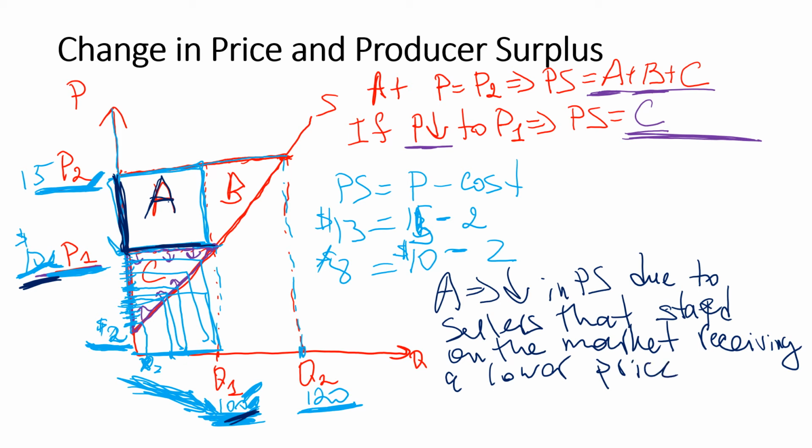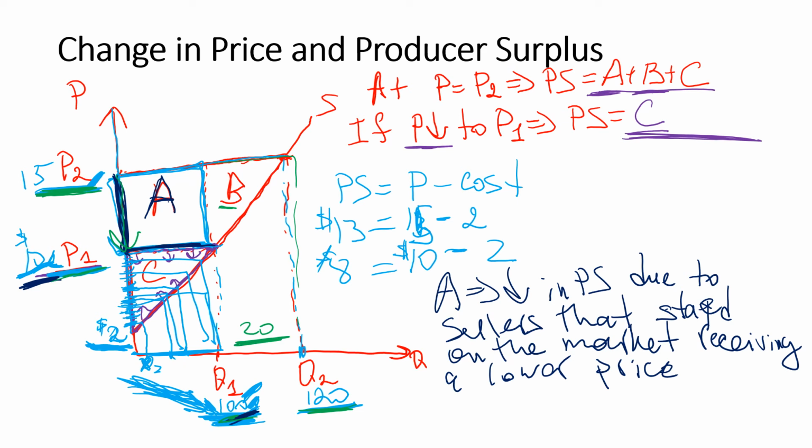And the last thing we need to discuss, why did we lose area B? Just think about, again, when the price of the product initially was at 15 or P2 level, how many sellers did we have on the market? We actually had 120. After we decreased the price to $10, how many sellers do we have? Only 100. What happened with these 20 sellers?